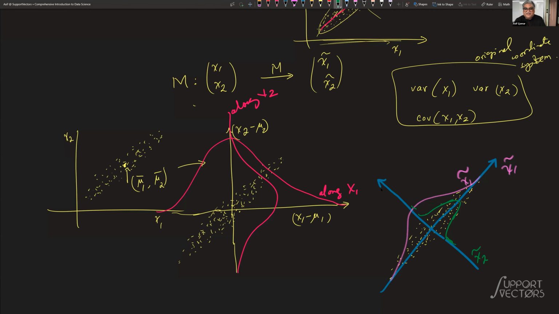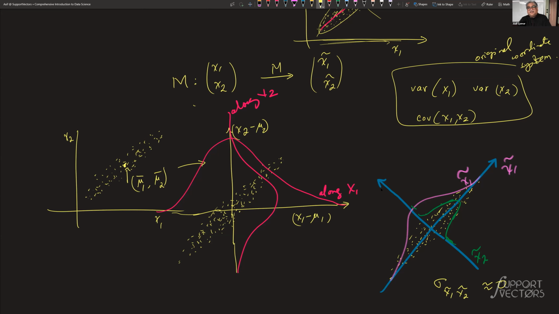So you would expect that the covariance of x1 tilde, x2 tilde will be approximately 0, isn't it? Should be 0. Signal is not related to noise, right?